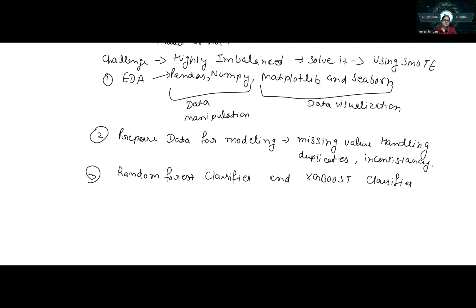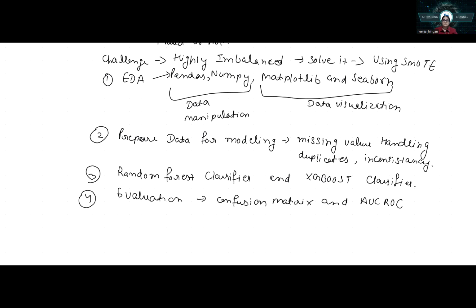And for evaluation, we are going to use the confusion matrix and AUC-ROC. Okay, and we will also do a comparison between both random forest and XGBoost, to see which one is the better one for your model.